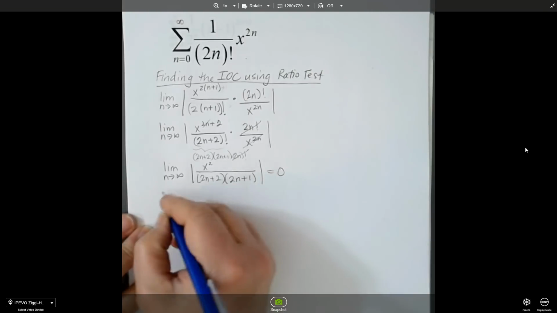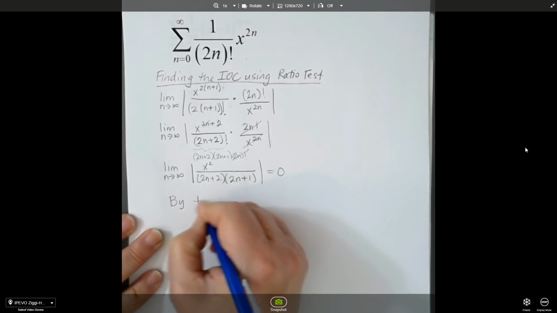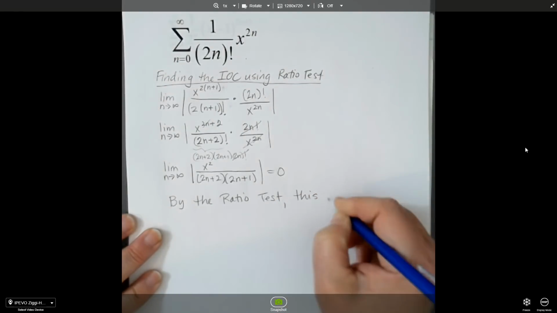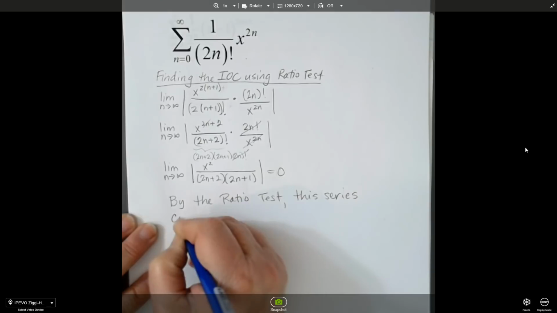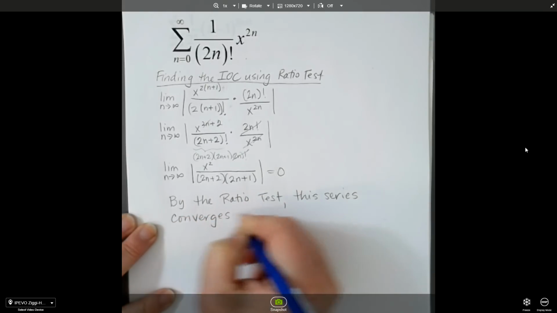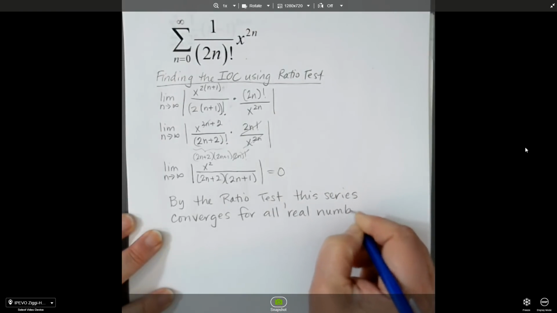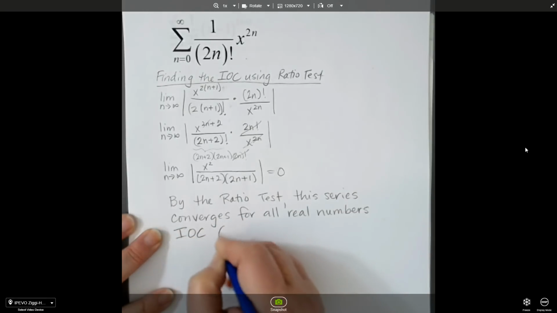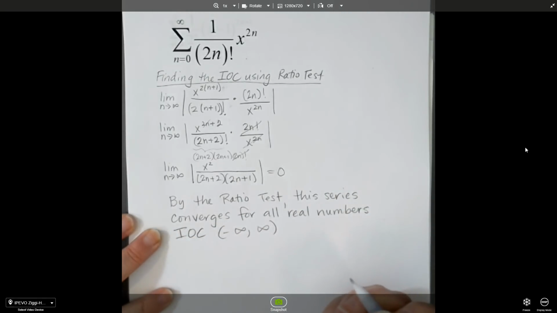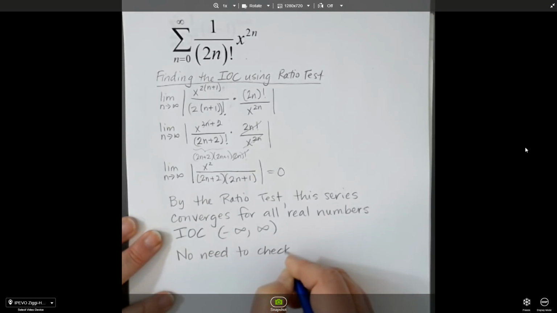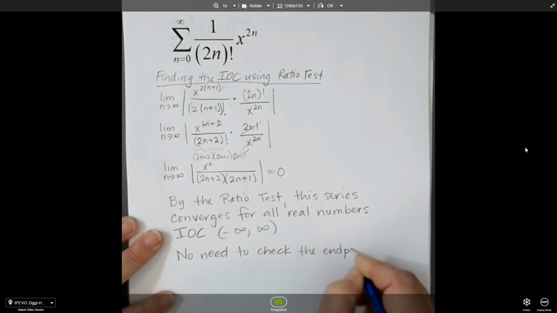So we can say by the ratio test, this series converges for all real numbers. So its IOC is negative infinity to infinity. And good news for us is that there's no need to check the endpoints here. I hear cheers from the background, I know. Yay, no need to check the endpoints.